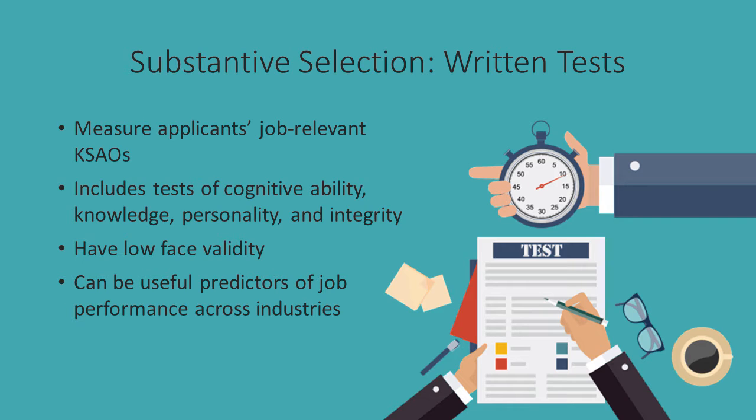As a result, applicants may see these tests as unfair. Although applicants don't like them, the research is clear that they are useful predictors of performance across industries. Applicants who score higher on relevant dimensions are more likely to be better performers on the job.